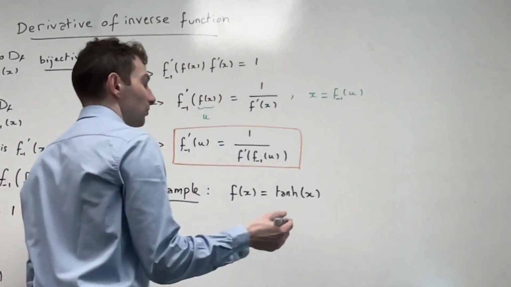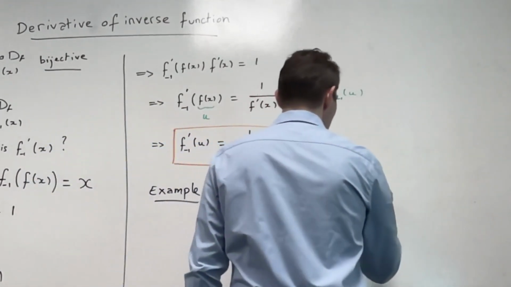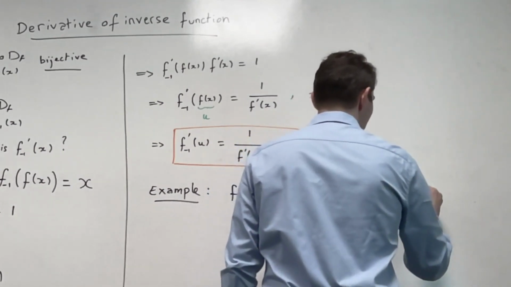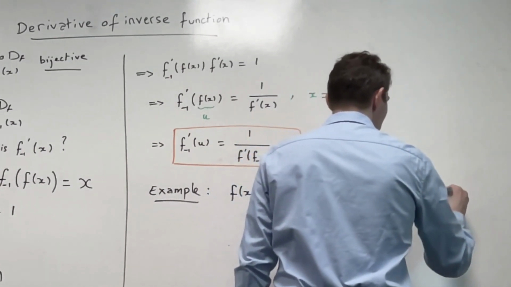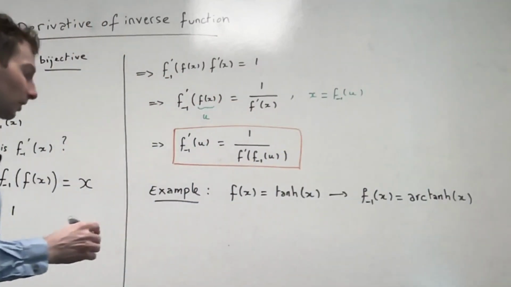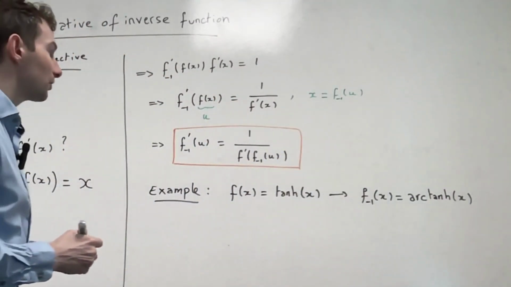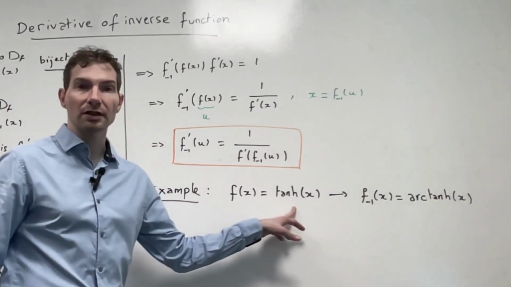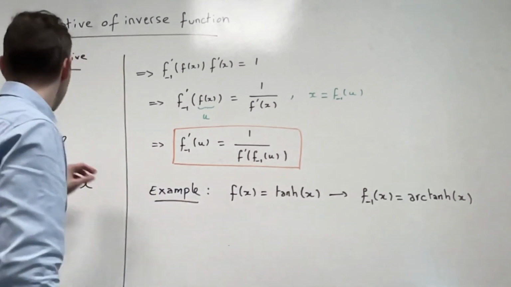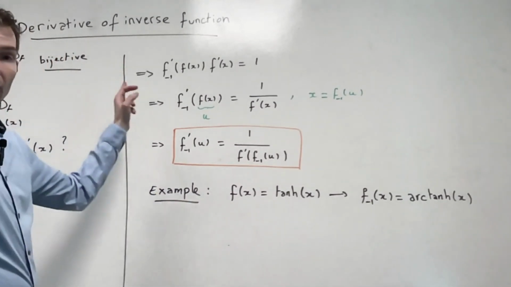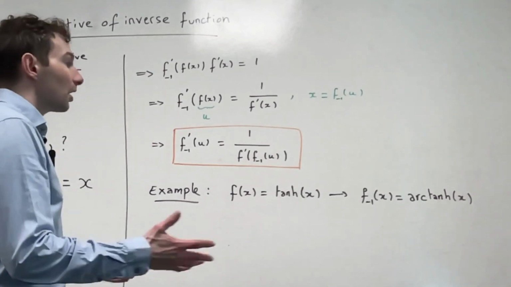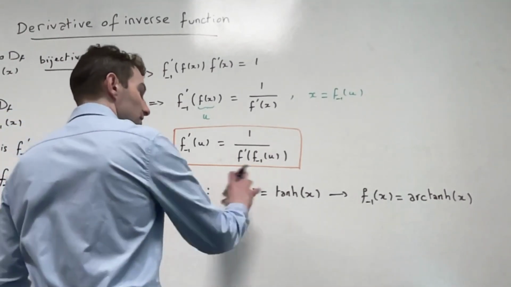And so f minus 1, therefore, is going to be f minus 1 of x is arctanh of x. Okay, now as it turns out, the hyperbolic tangent of x is basically defined from, that goes from R, so on all the reals onto the interval minus 1, 1. But basically that's kind of the idea.